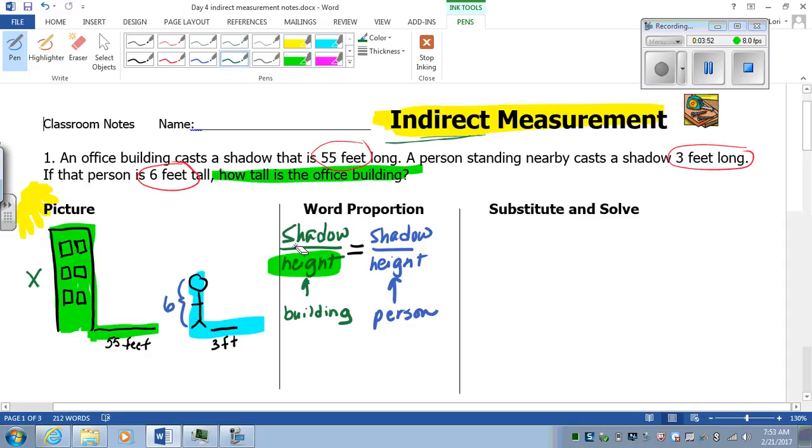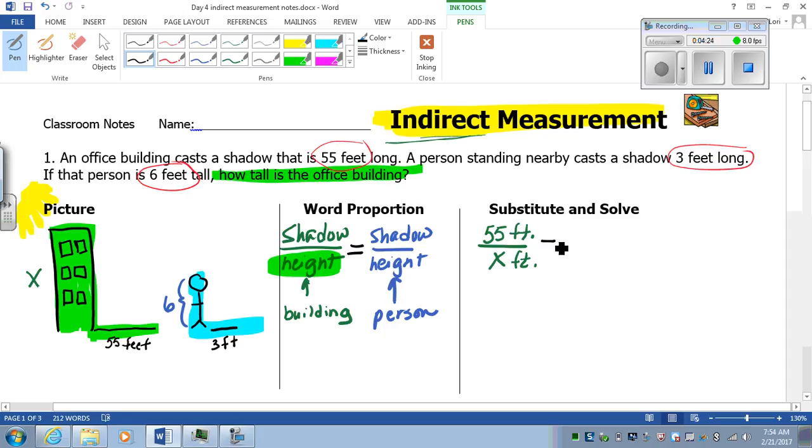Let's go ahead and fill out our proportion. So again, we have the length of the shadow associated with the building over the building height. The length of the shadow is 55 feet. And you see I'm going to use feet in my proportion. Over the height of the building, that's the part that we don't know. That's the part we're going to solve for. But we know our answer is going to be expressed in terms of feet.